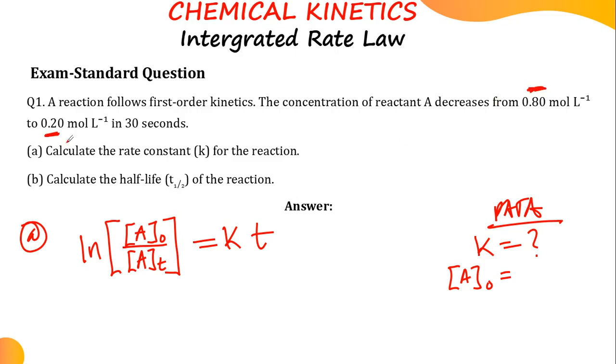Which one is the initial and which one is the concentration at t? The initial is 0.80. Very good, 0.80.